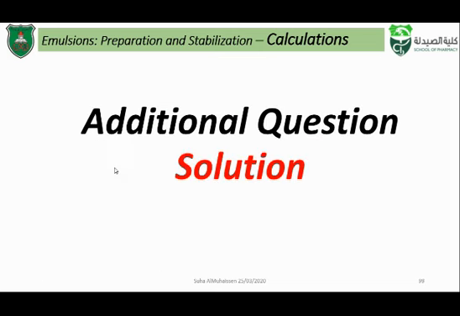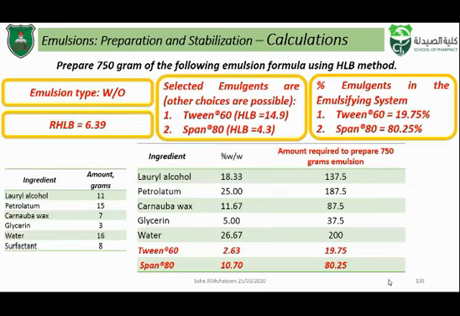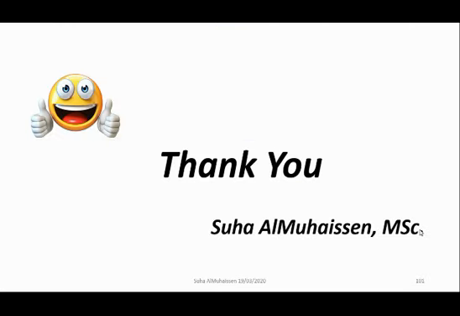And you will find here the answer for this question. I advise you to do the calculations by yourself, then come back here and check whether your numbers match these numbers. Thank you.